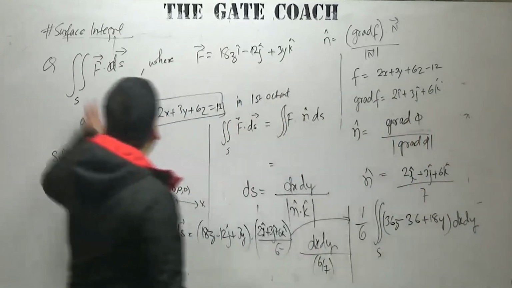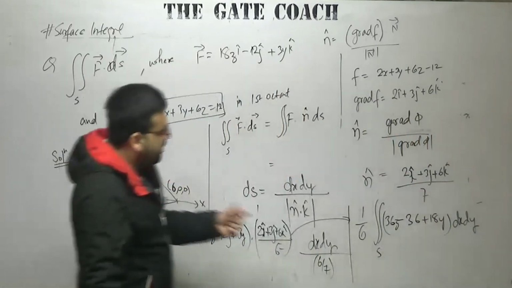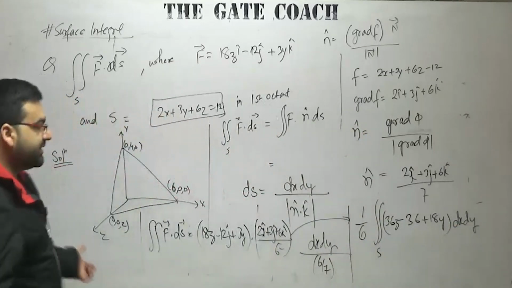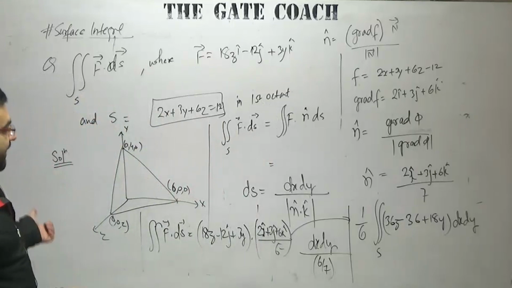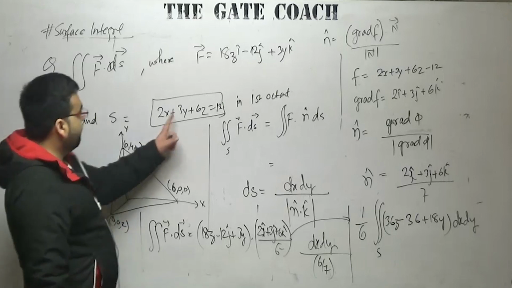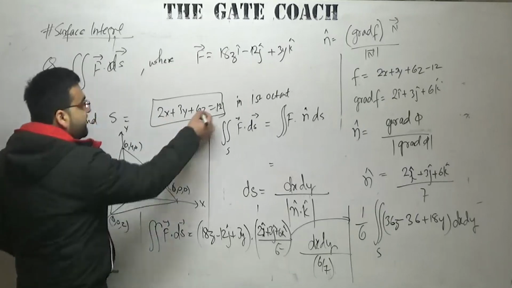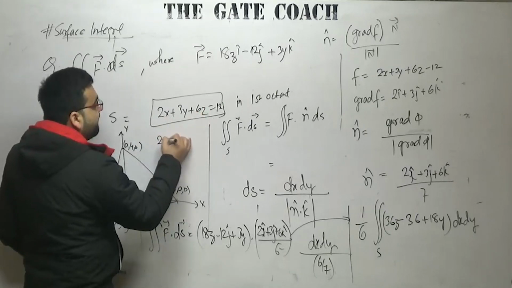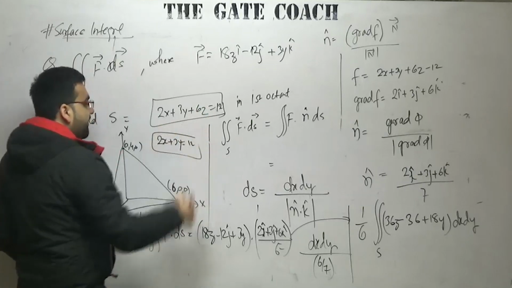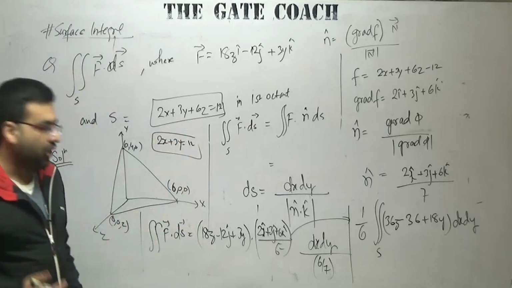So this whole thing has been converted into this simple thing. Now we have dx dy, again the same thing, right? If we are moving in the xy plane only, then we have to convert everything either in x or in y. Now with the help of this plane, because in the xy plane z will be equal to 0, you will be left with this equation, that is 2x plus 3y is equal to 12. Now with the help of this, you can easily solve it.